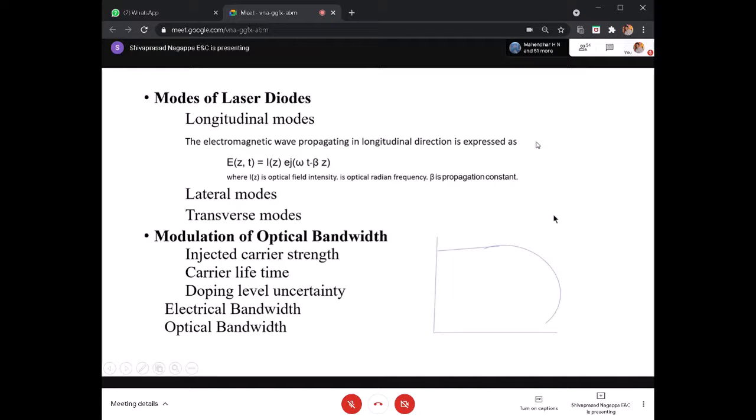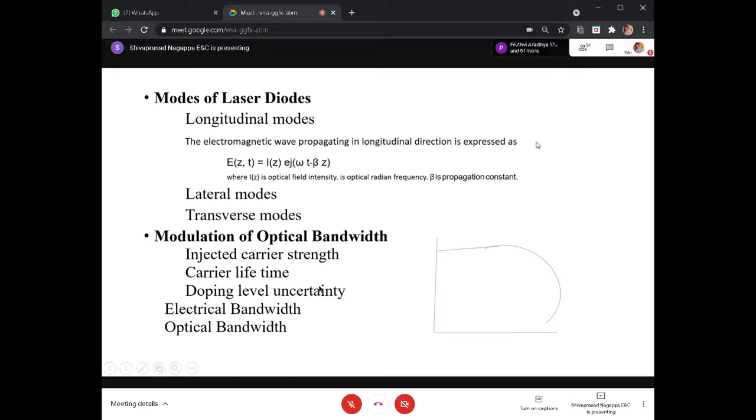Then emission takes place, and it is going to stimulate further emission. So if more light is incident, that is what the injected carriers are. And again there is carrier lifetime. If the carrier lifetime is more, then the number of photons liberated will be more, and in turn you will gain a higher strength power output.